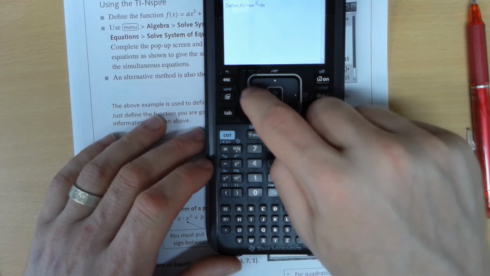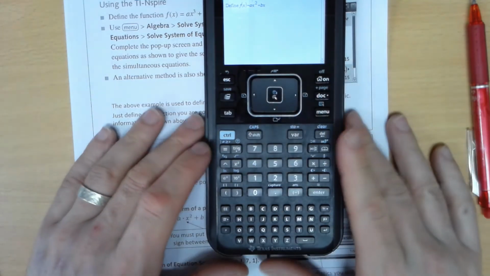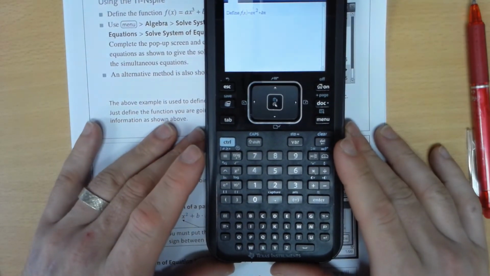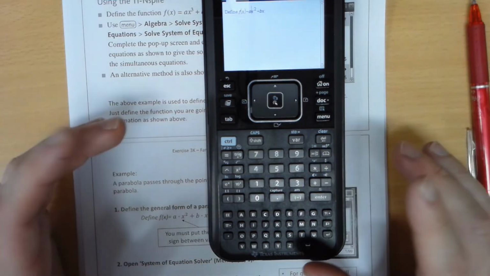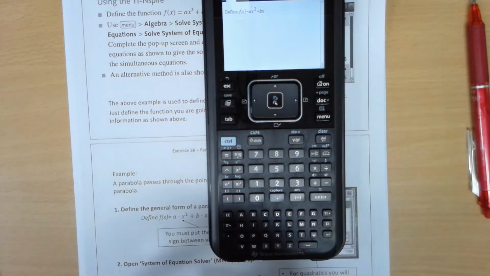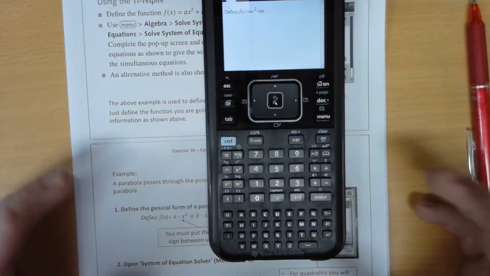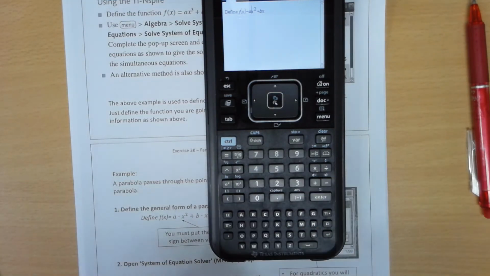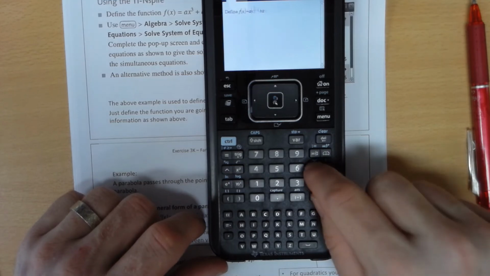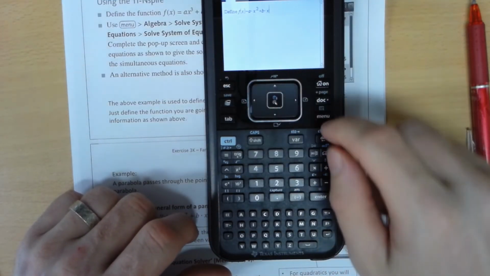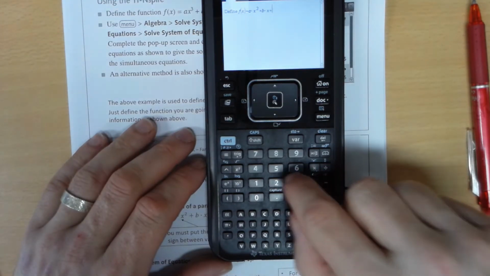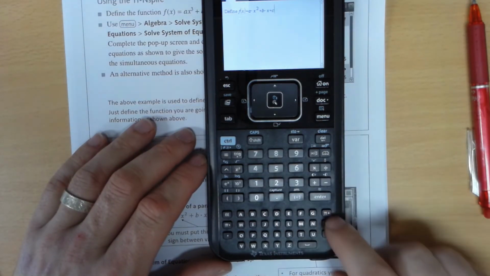Okay, and I've made this mistake before: if you have two letters together like that, it's not going to think of that as a times x. It's going to think of it as a variable that's combined, that's just called ax, like a word. It's just thinking of that as one variable. You need to make sure you put the multiplication sign in there between two variables, plus c.